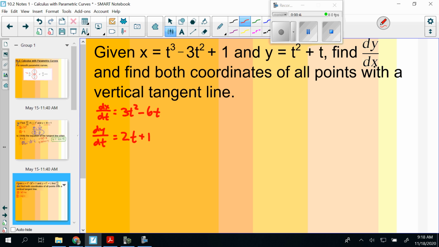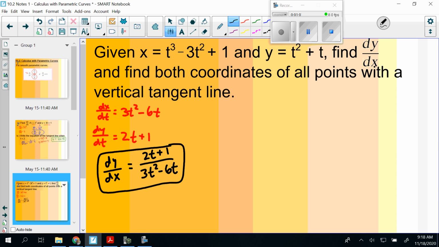All right, so what is our dy/dx now? dy/dx is dy/dt over dx/dt, so it's going to equal (2t plus 1) over (3t squared minus 6t). So that's the answer for part A, or the first thing they wanted us to find.